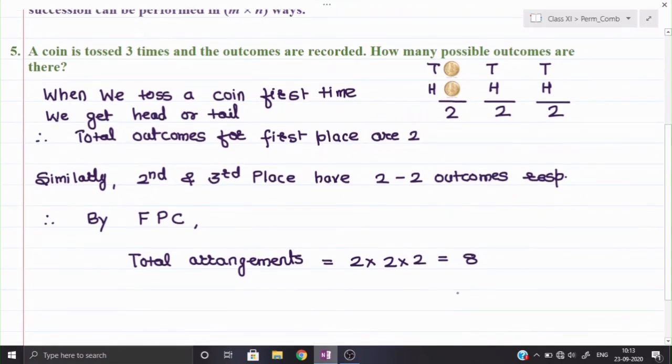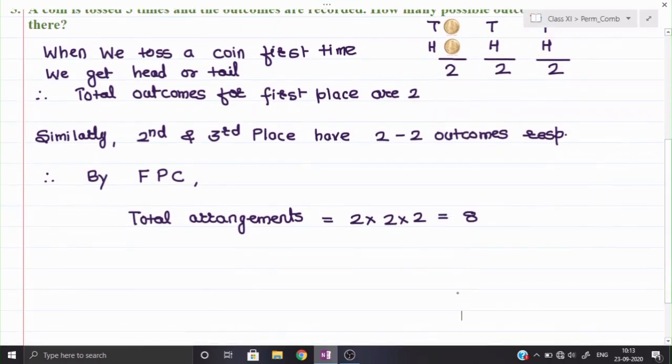Now I will connect this question with one of the questions of class 10th. Maybe in class 10th, in the chapter of probability, we covered that suppose we are tossing 3 coins together, what can be the different outcomes. I will show you how 8 outcomes are possible, because it is the same question.